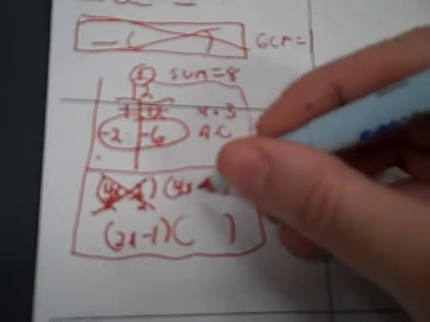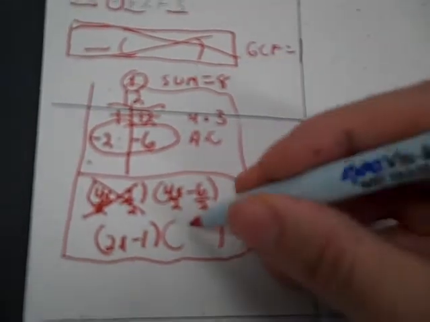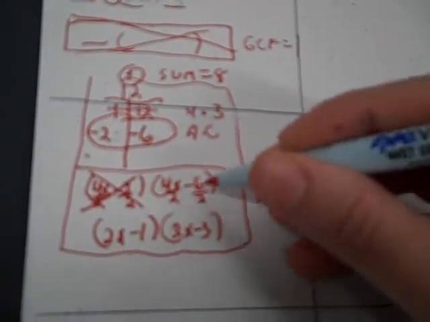Okay, 4 and 6. Go 4, 6 into the calculator. It's going to be 2 again. So we divide by the GCF out of those, and that's 2x minus 3.